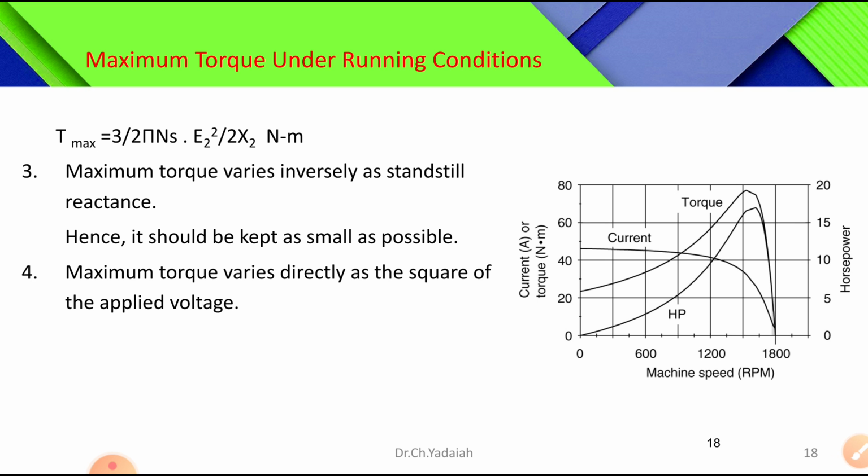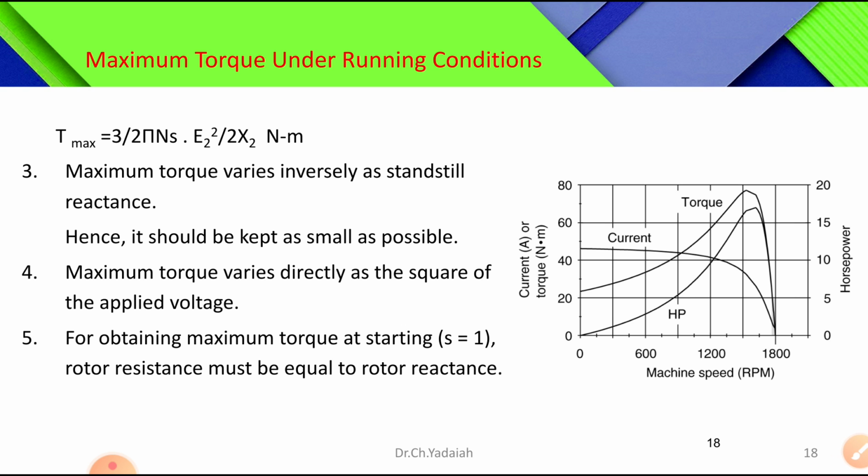For obtaining the maximum torque at starting, S is equal to 1, the rotor resistance must be equal to rotor reactance, at starting condition. So, these are the relations between the torque developed in the rotor and how the rotor torque varies based on the slip, the standstill voltage and the reactance value.